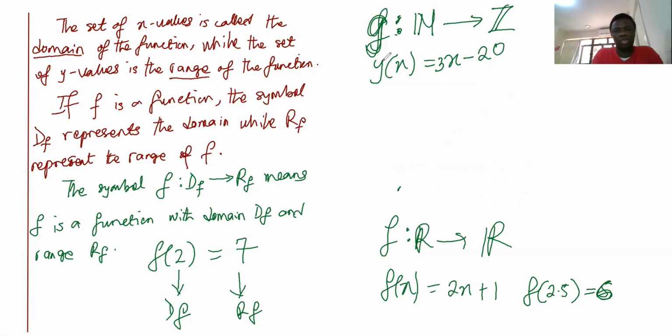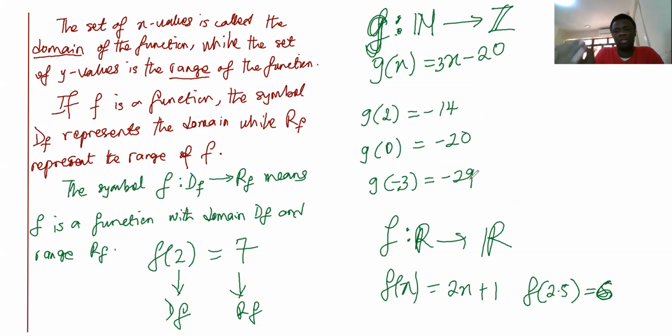Which of these makes sense and which does not make sense? g of 2 equals -14. g of 1. g of 0 equals -20. g of minus 3 equals -29. Which makes sense, which does not make sense, and why?